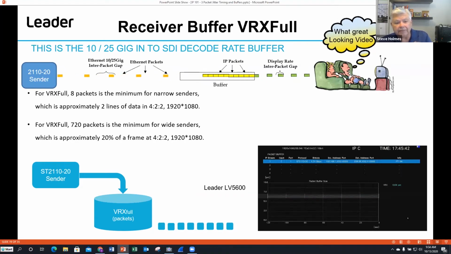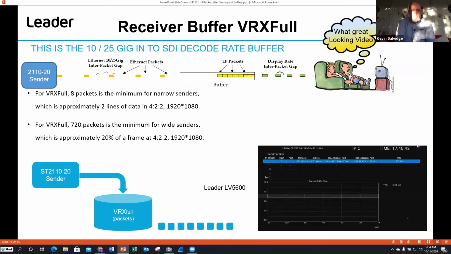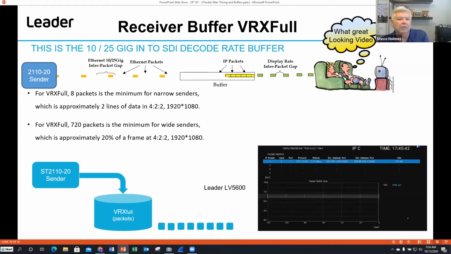So it really changes things that now you've got a buffer of 720 packets when you probably built your original receive buffer right around 16 packets, to make a nice round number for binary. And all of a sudden, someone comes in with a system that is going to require 700 some packets, and it's just going to overflow the thing. So they've really had to change the buffer model.